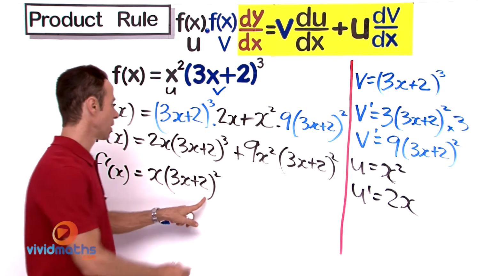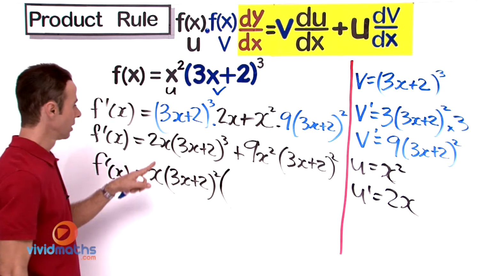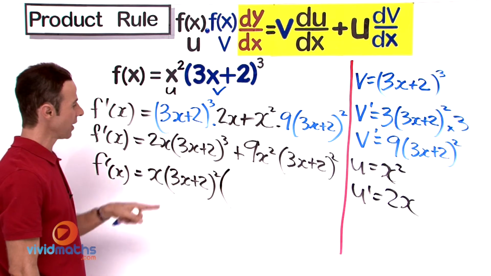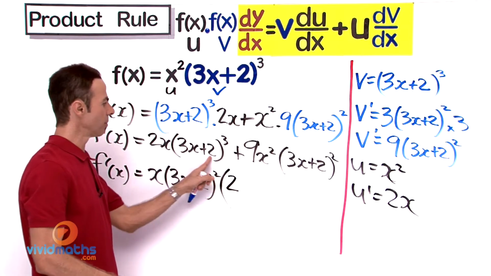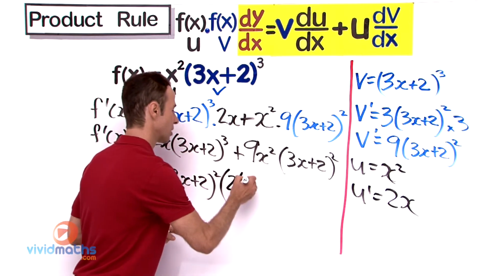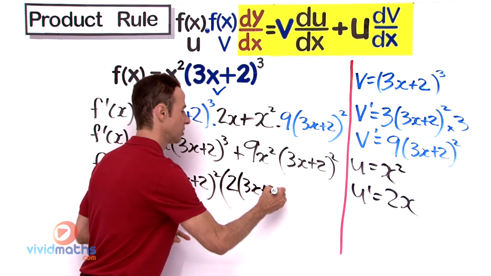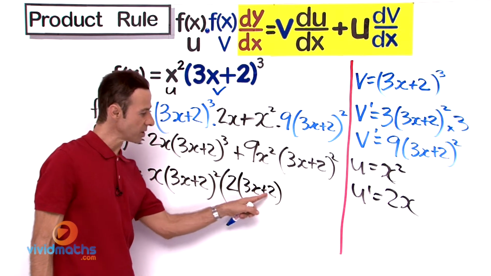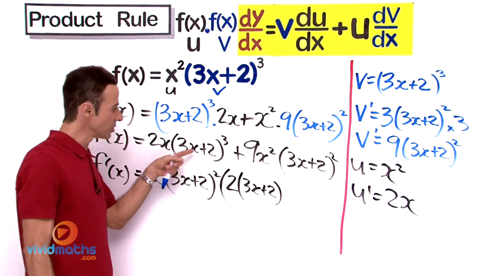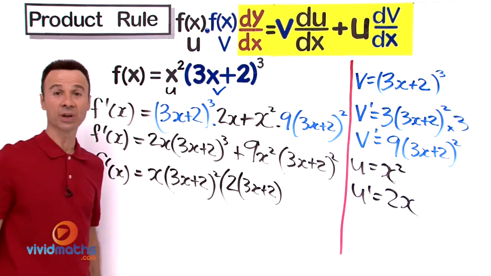Now we multiply by, well, what do we need to multiply to get that? We need to multiply by 2, and we also need one of these, so that's going to be 3x plus 2. Why is that? Because 3x plus 2 all squared times 3x plus 2 to the power of 1 equals 3x plus 2 to the power of 3, cubed.